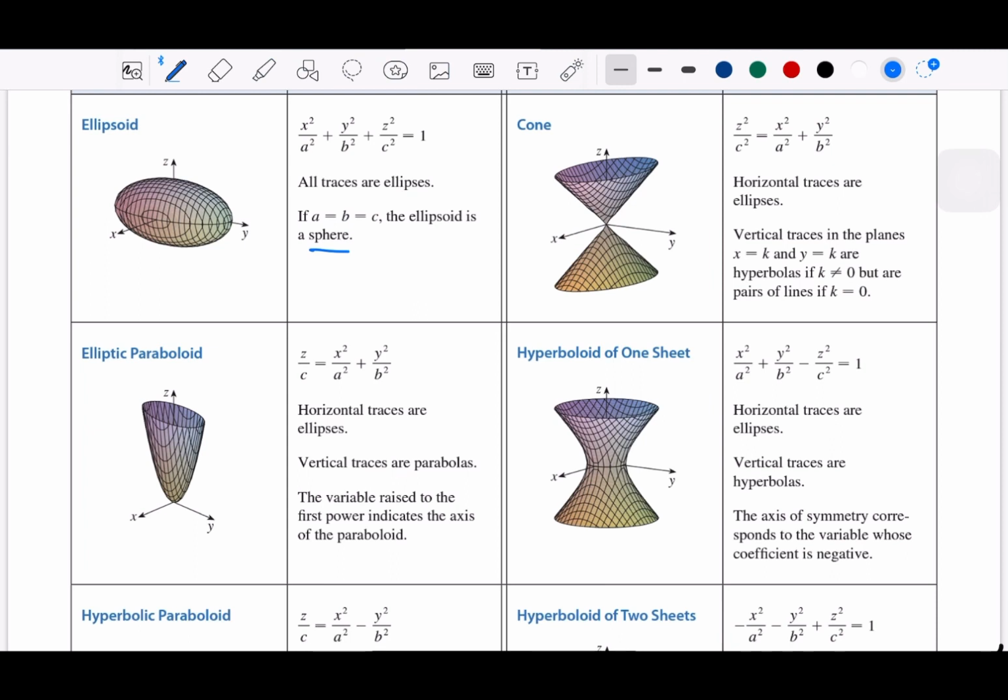I think you can get the pattern for the formula. Okay. But at the end of the day, if you are not really convinced, like maybe you don't really remember the formula, one way to look at the surface is through the trace.